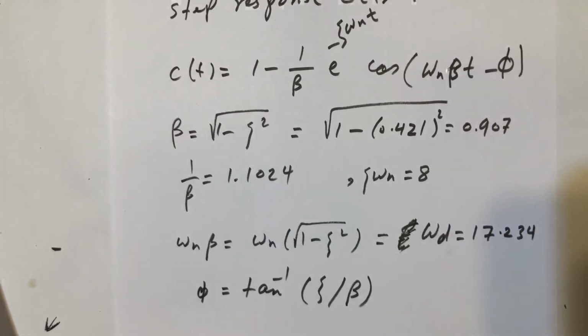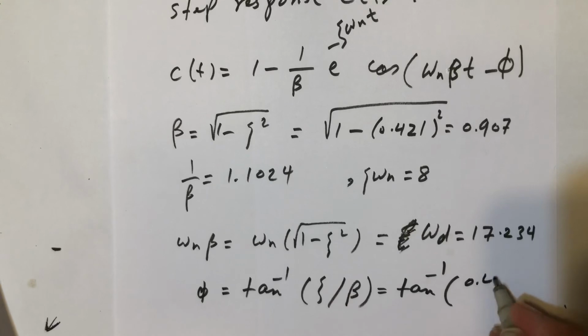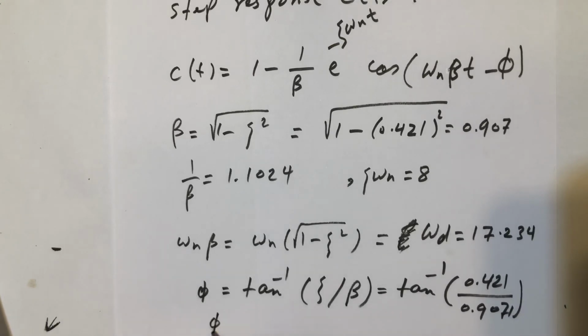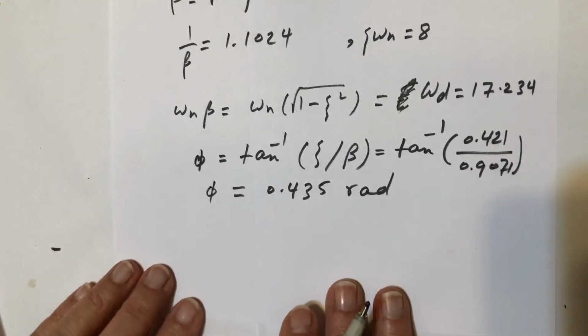In rad I found tan inverse of 0.421 over 0.9071. So phi equals 0.435 rad.